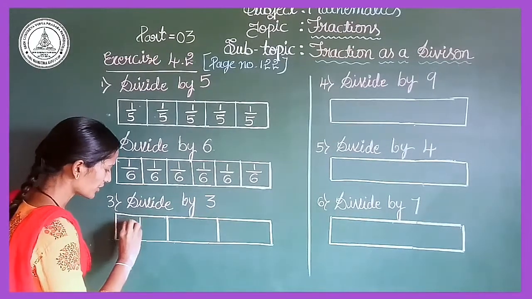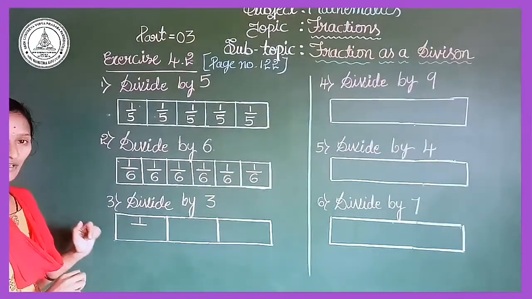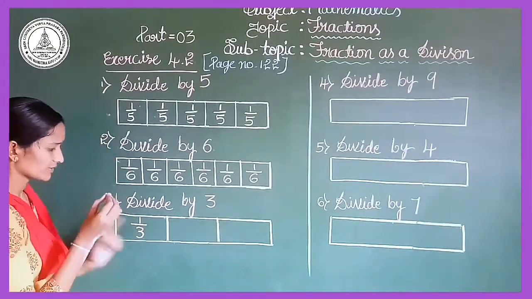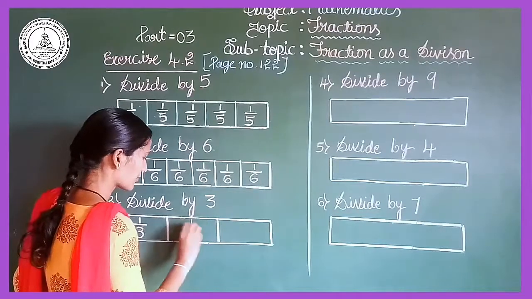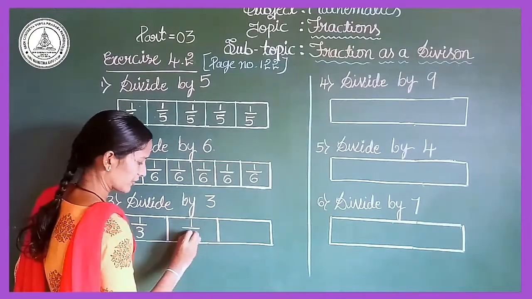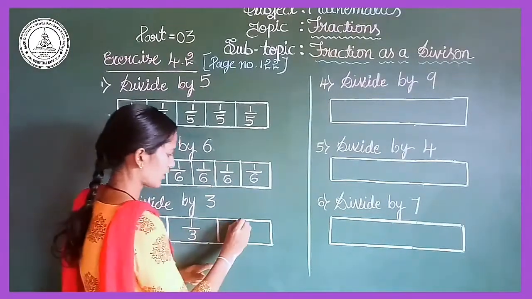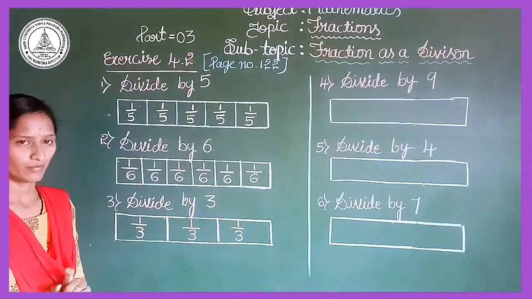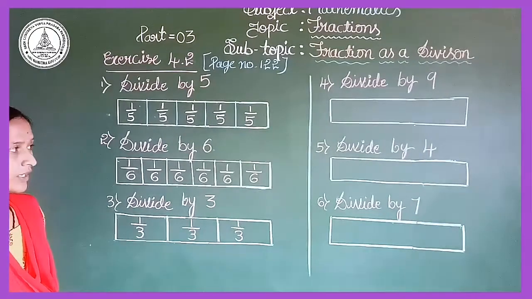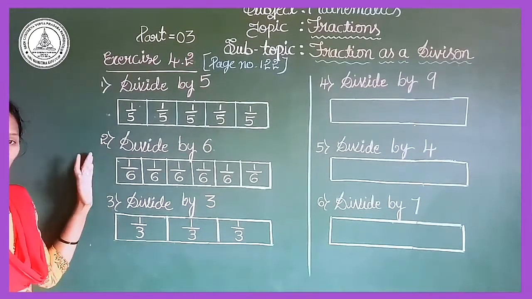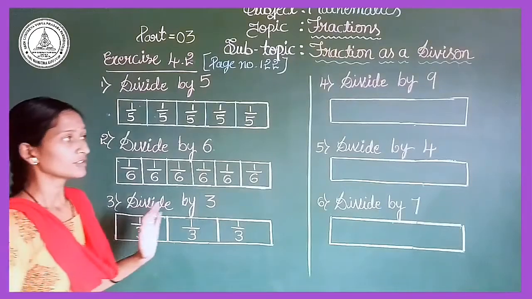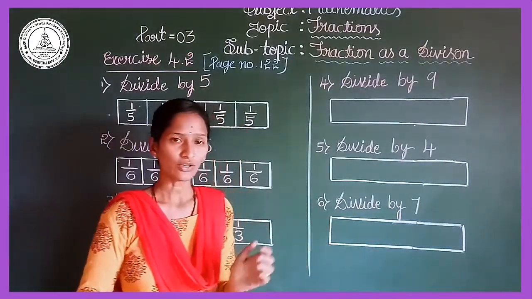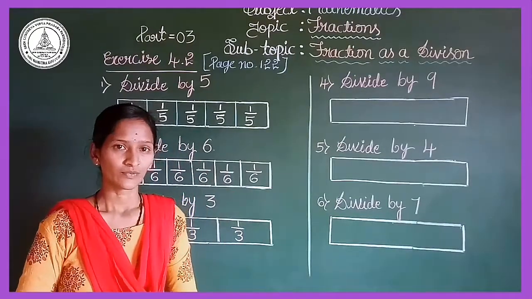This is 1 part out of how many equal parts? 1, 2, 3. This is also 1 part out of 3 equal parts. And the last one is also 1 part out of 3 equal parts. Okay. So I finished the second and third one. The remaining 4, 5 and 6 you have to solve at home.